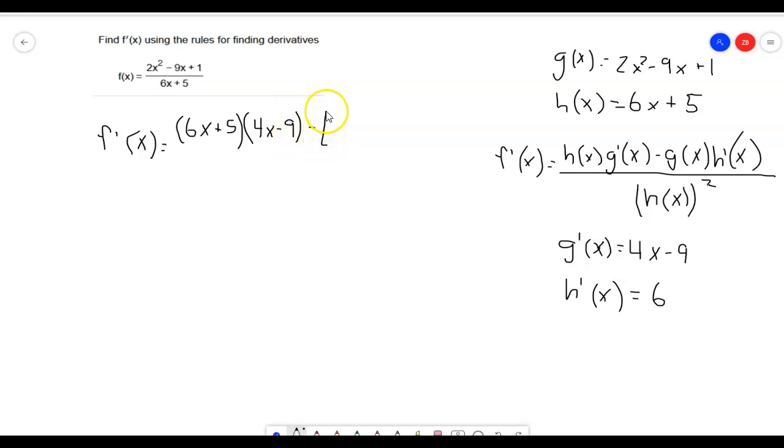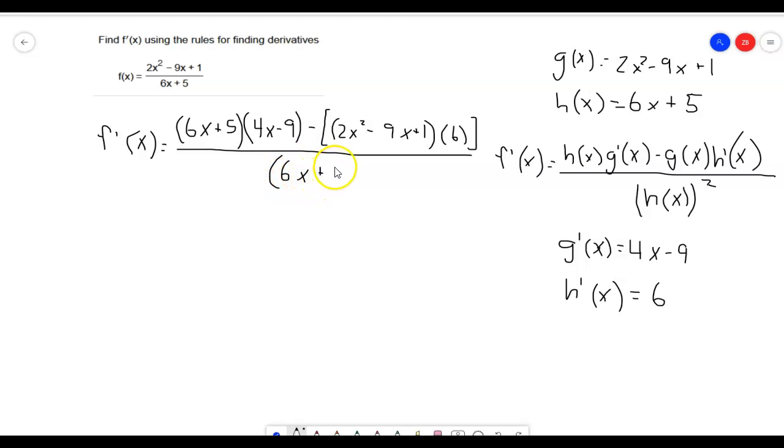I'm going to put this in brackets to make sure that we distribute that okay. g of x, which is this function up here, so 2x squared minus 9x plus 1, times h prime of x, which is just 6, all over h of x squared. So that's just going to be 6x plus 5 squared.